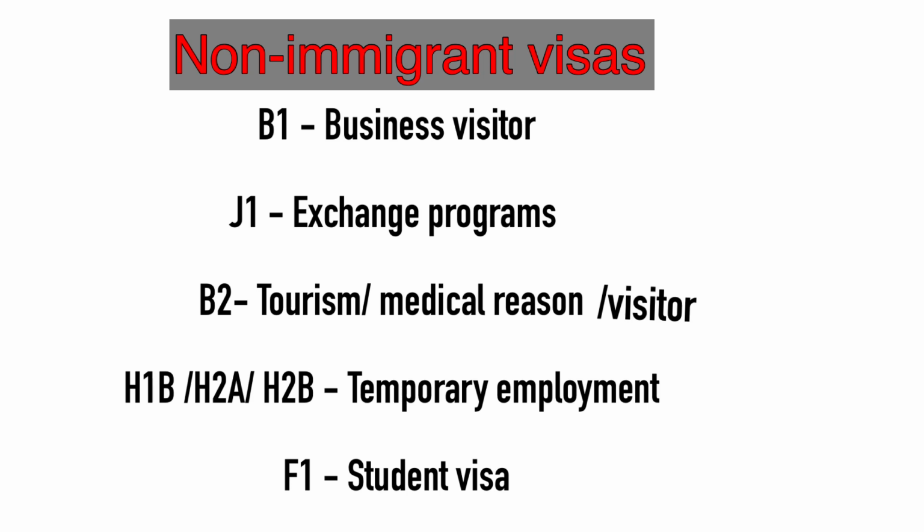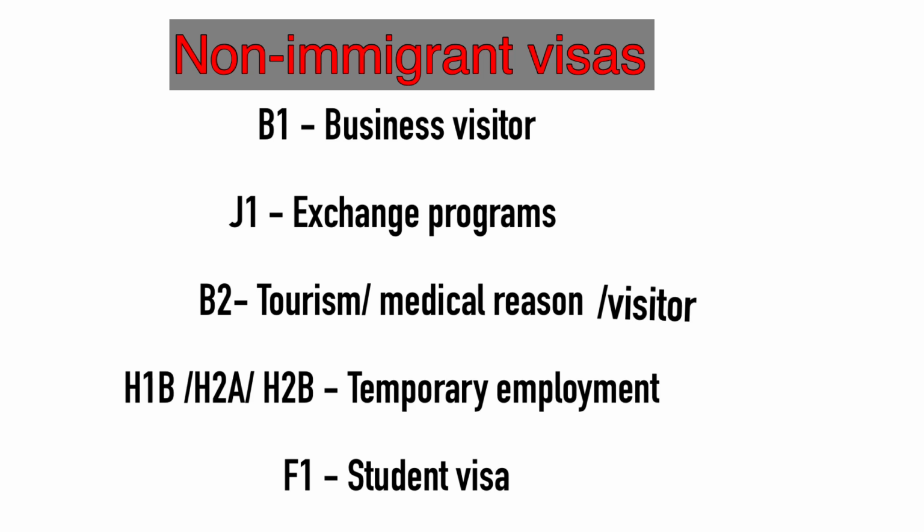And then we have B2, which is the visitor's visa. If you just want to come and visit, or for medical visits, this is the kind of visa you would probably want to go for, which is the B2 visa.